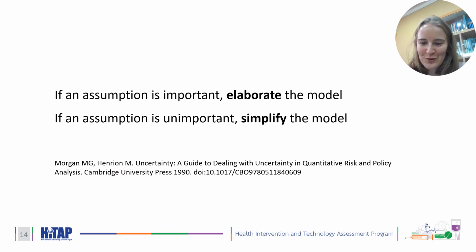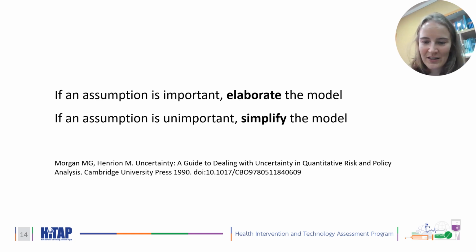And I'm now just going to outline a couple of principles which I think may be very helpful as you're thinking about uncertainty analysis, because you can go as far as you want, you can get very detailed, you can go down all of the rabbit holes with uncertainty analysis, but essentially, if you find that an assumption is important, look into it in more detail, elaborate the model. If an assumption is unimportant, simplify the model.